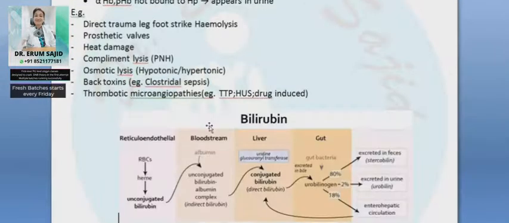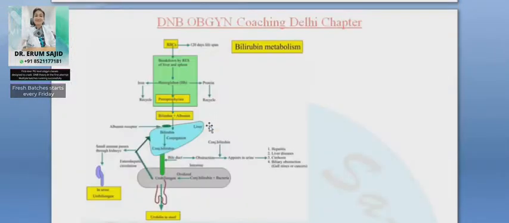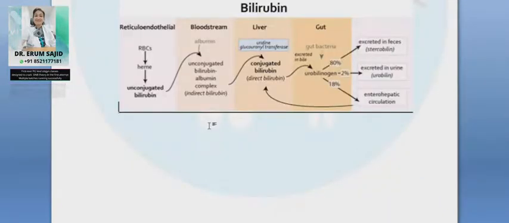When the hemoglobin breaks down because of whatever reasons, see over here, can you see this? This is the metabolism of what happens. When RBCs break down because of hemolysis, the heme is released. Heme actually gets converted into biliverdin, okay, an unconjugated form, and it goes into the bloodstream.